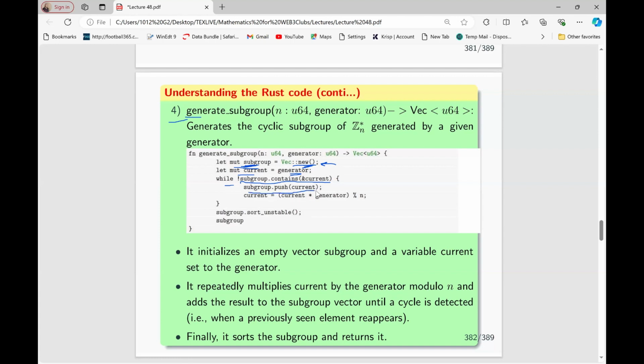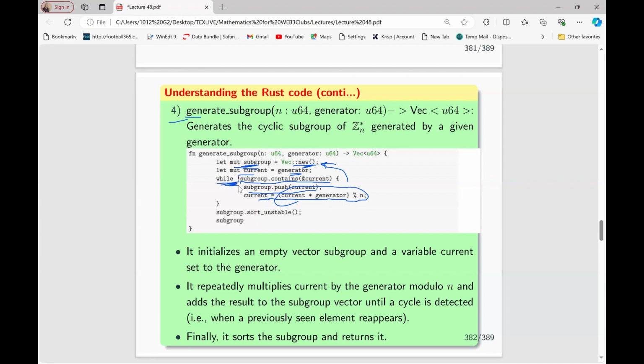Push the current to the subgroup. So since it was not there, push it there. Is that okay? Then calculate the new current by the old current times the generator. Then divide the result by n, take the remainder. That becomes the new current. And while this new current, again, is not in the vector, push it there.